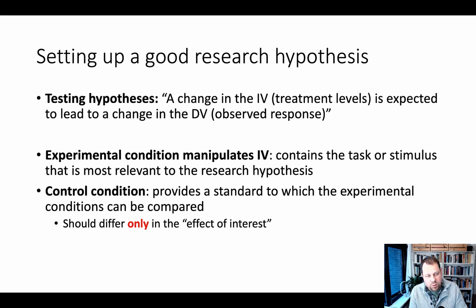And then we have a control condition that provides a standard to which the experimental condition can be compared. Let's say a risk game that has everything else. It has the same visual screen, it has the same values, it has the same motor demands, so you have the same choices. But it differs in the effect of interest, namely there's no other person involved, it's just an algorithm that transfers the money back.